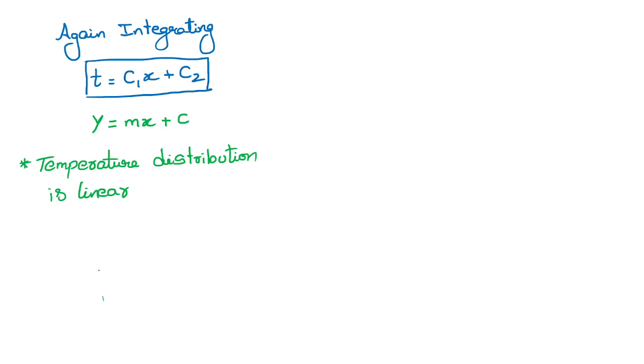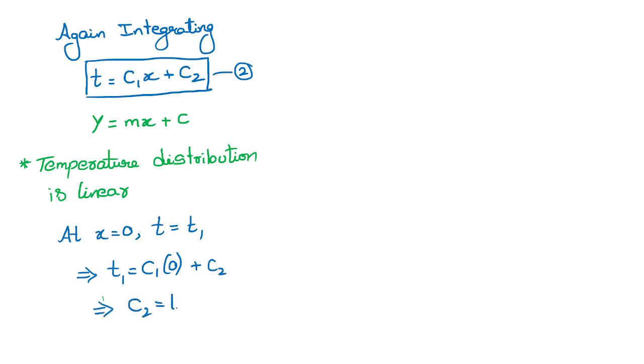Then, as we have got the temperature distribution, now we need to substitute the boundary conditions in order to get the values of C1 and C2. The boundary conditions are: at x is equal to 0, the temperature T is equal to T1. So that implies T1 is equal to C1 into 0 plus C2. From this simply we get C2 is equal to T1. This is equation 3. Now the second boundary condition we need to substitute.